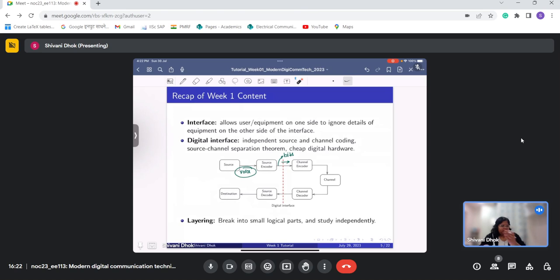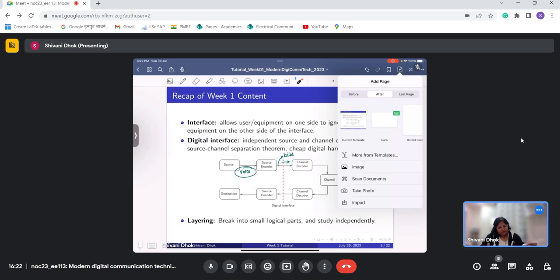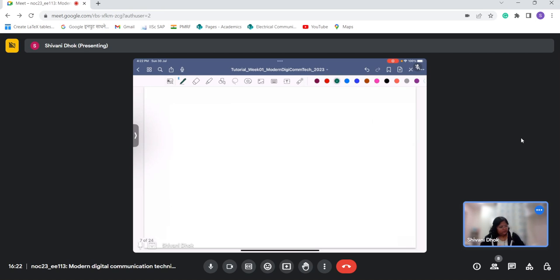For example, we had sampler, quantizer and discrete encoder, that kind of thing. Let me add it. So in the lecture what was seen was, we have some input waveform which goes into the sampler, then we had the quantizer, then the discrete encoder.